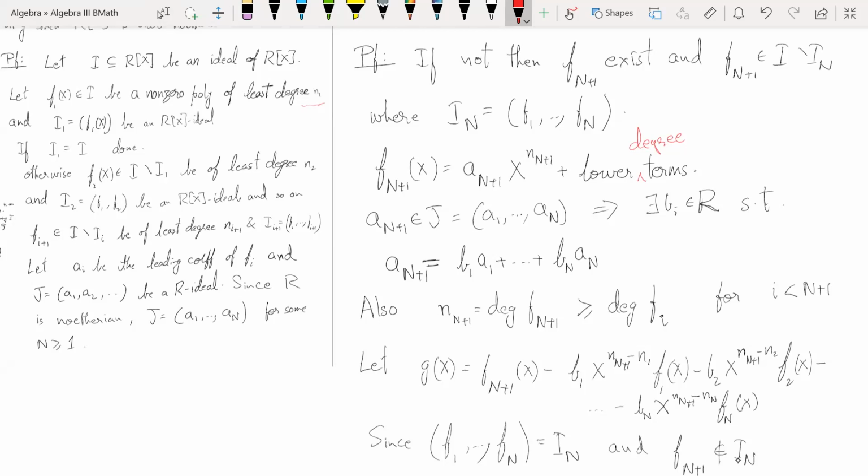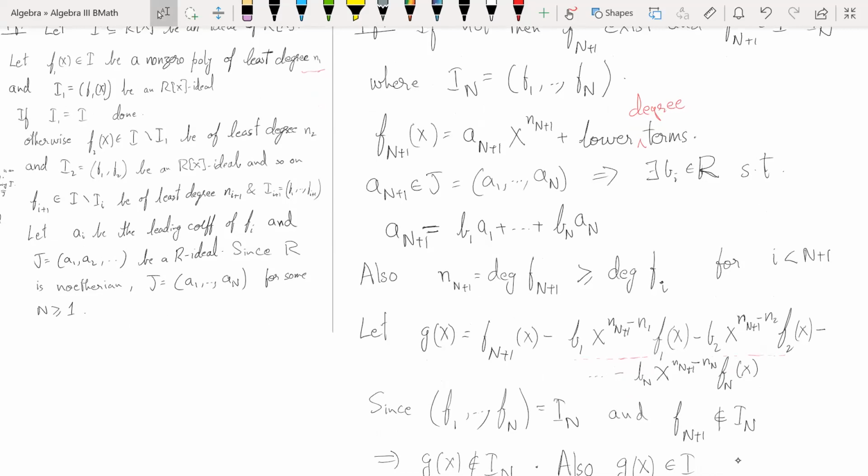So the degree of this polynomial is going to be precisely n_{N+1}. Similarly, b2 times this has degree precisely n_{N+1}, and the leading term of this thing is going to be b2 times a2, and so on.